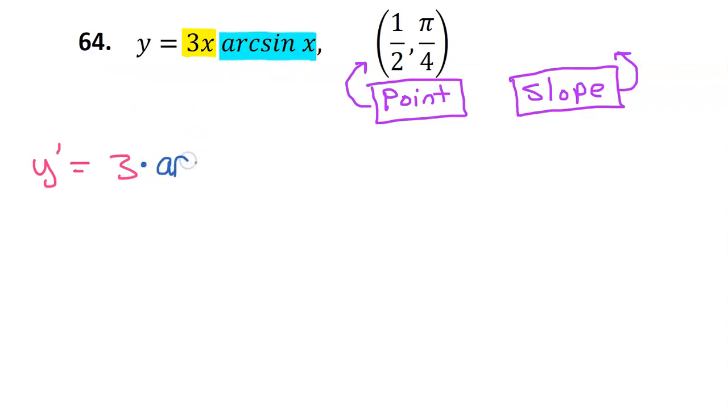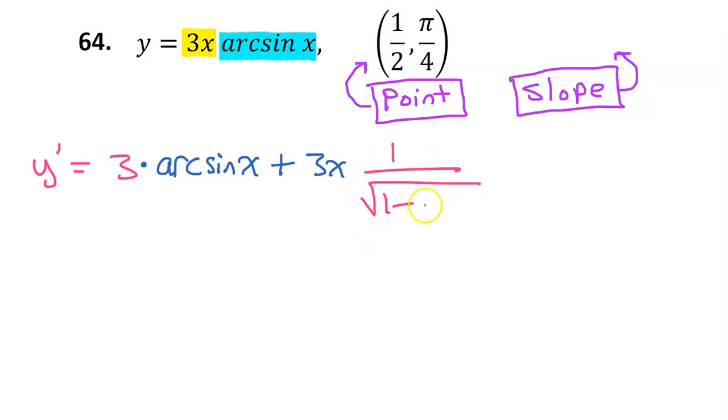So I'm going to leave arcsine x alone. And then I'm going to go through it again. The second time through, I'm going to leave the first factor alone, and I will take the derivative of the second factor. And I believe I just mentioned that that is 1 over the square root of 1 minus x squared.